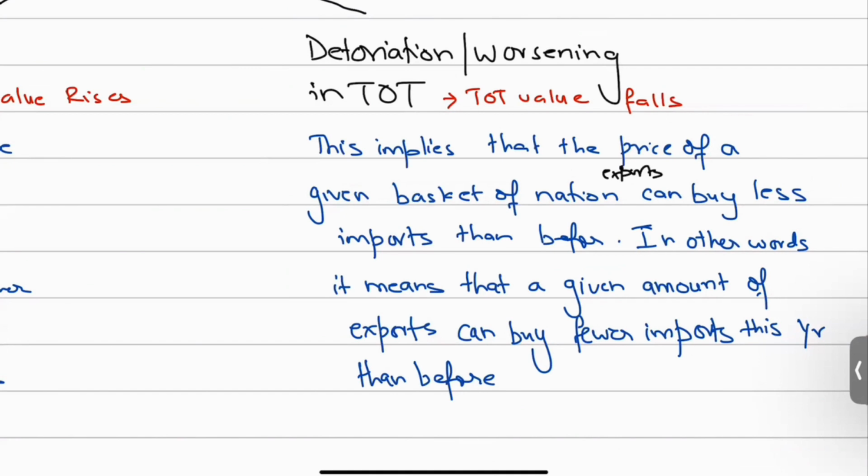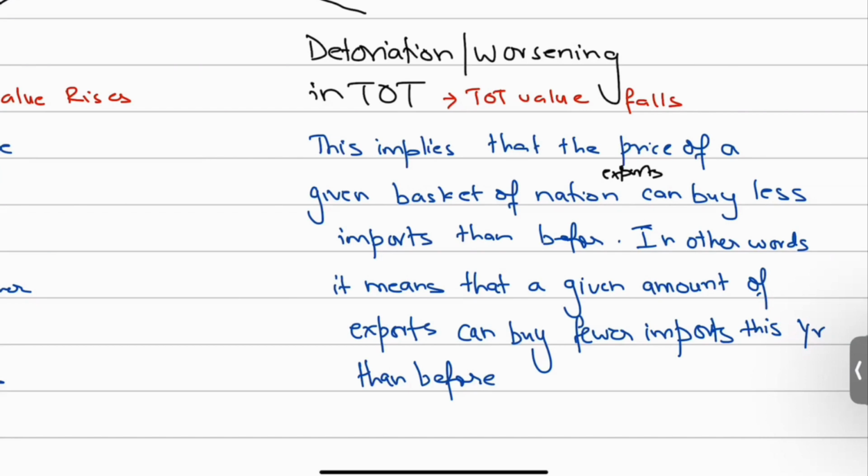In other words, इसका मतलब है कि a given basket of nation's exports या a given basket of the nation's export prices भी बोलो, एक ही मतलब है, the basket of average export prices can buy less imports now, or a given amount of exports can buy fewer imports this year than before.